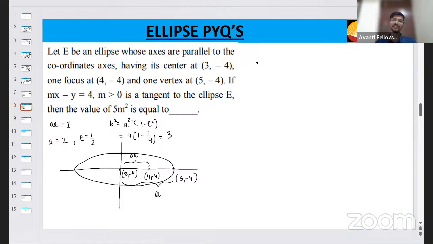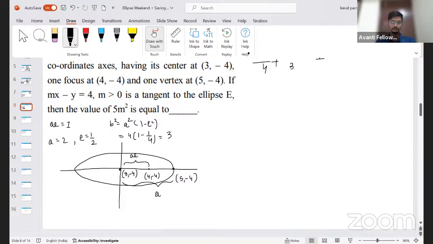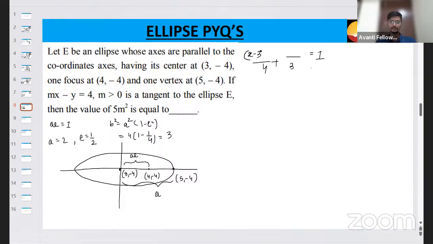So the equation of the ellipse is x²/a² + y²/b² = 1. This is the equation of the ellipse. Now, sorry, not x². We have to use shift, right? Center is at (3, −4). So (x − 3)²/4 + (y + 4)²/3 = 1.